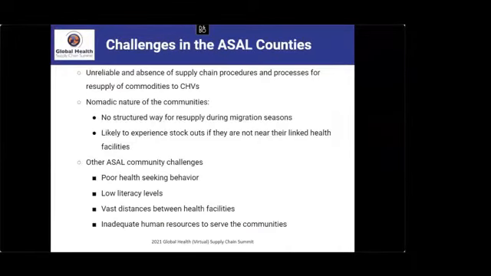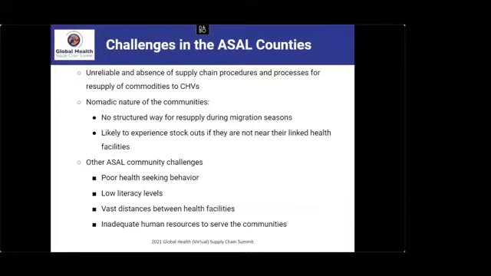We look at some of the challenges facing the ASAL counties. The major challenge is the unreliable or absent supply chain procedures and resupply processes of commodities. The CHVs are not able to get commodities. The second one is the nomadic nature of the communities, which poses a challenge in resupplying CHVs, mostly causing stockouts, especially during the migrating seasons.